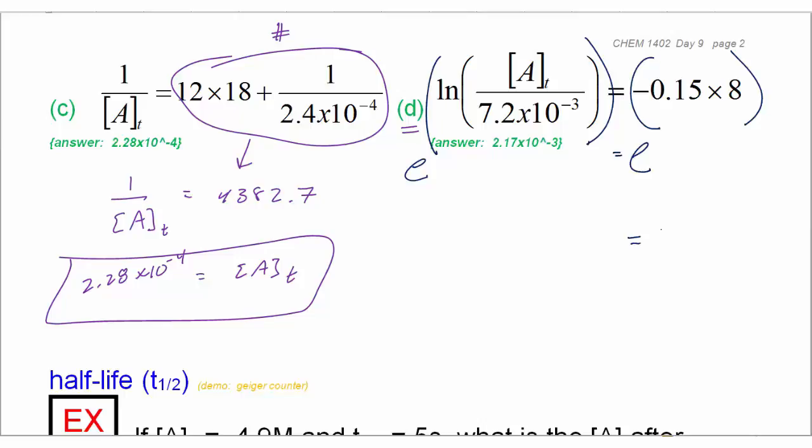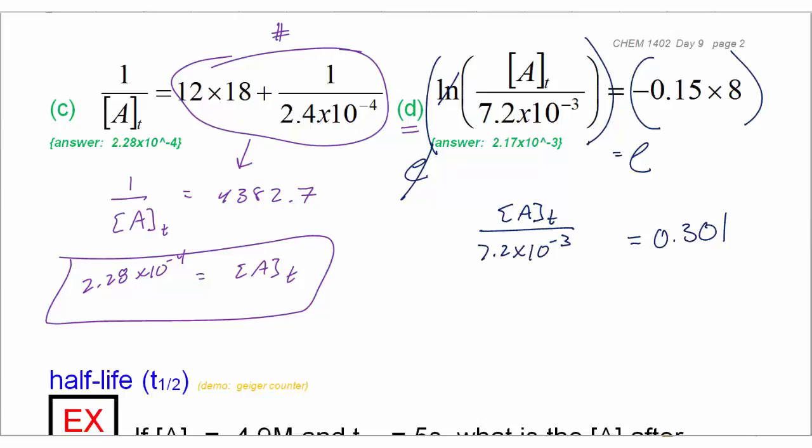So let's find that. 0.15, make it negative, push that plus minus button, times 8, hit equals, shift e to the x, about 0.301. Okay, these cancel, so I'm just left with everything that was inside those parentheses.